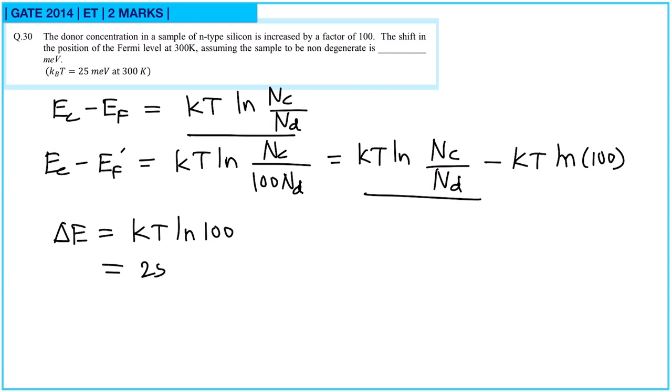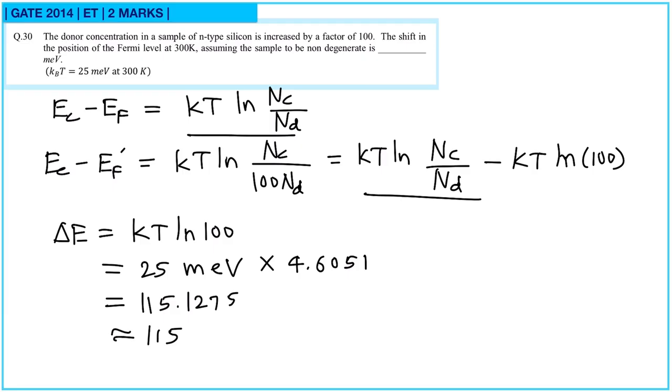And Kbt is 25 milli electron volt at 300 Kelvin, and ln 100 is 4.6051. So this will be equal to 115.1275, and the integer part of it will be 115. So the answer that we are getting is 115 milli electron volt, and the answer range for this question was 114 to 117.